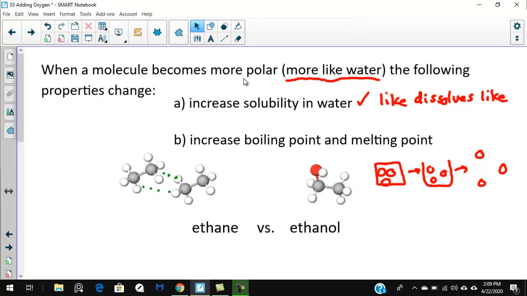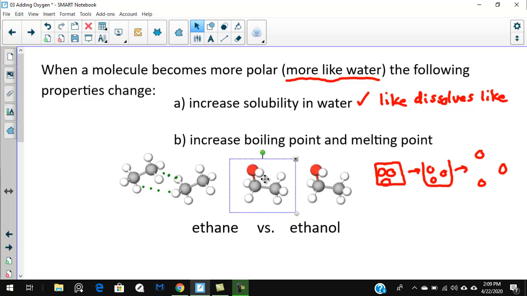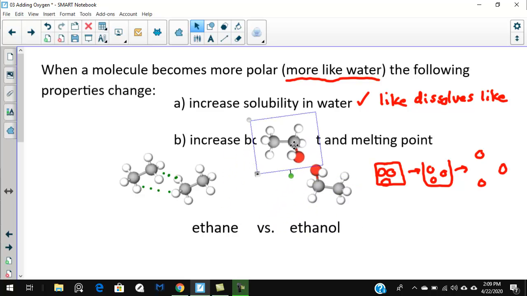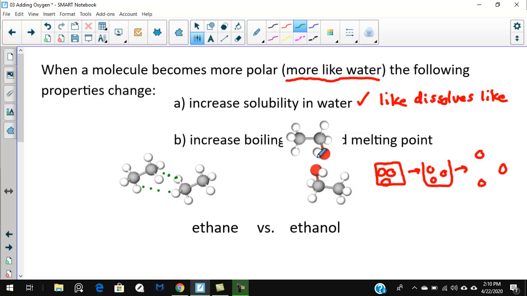Now, the ethanol, which is the same molecule except it has an O on it, it's got a spot where there are negatives and positives. So this negative and positive on that ethanol molecule can line up with the negative and positive on another ethanol molecule. And because those are charges, we get a fairly strong attraction between these two atoms.